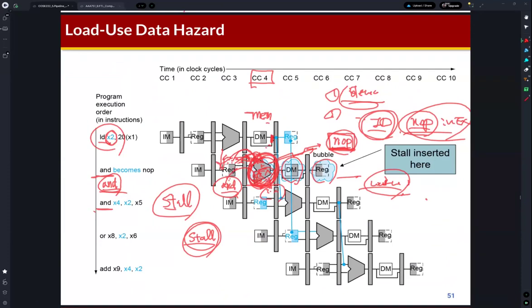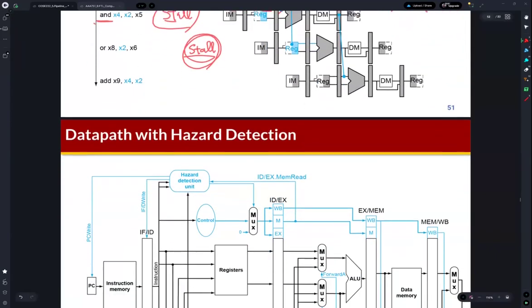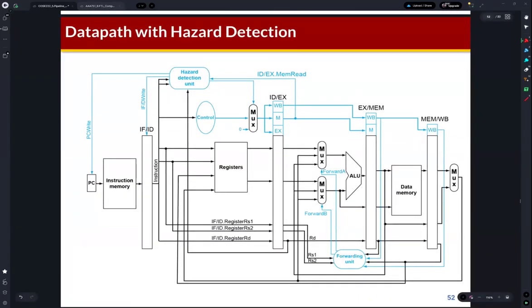It's stalled here, and obviously the instruction fetch is also stalled, and then a no operation is generated. So when the load use data hazard is detected, we need to control the pipeline, the CPU, like this.